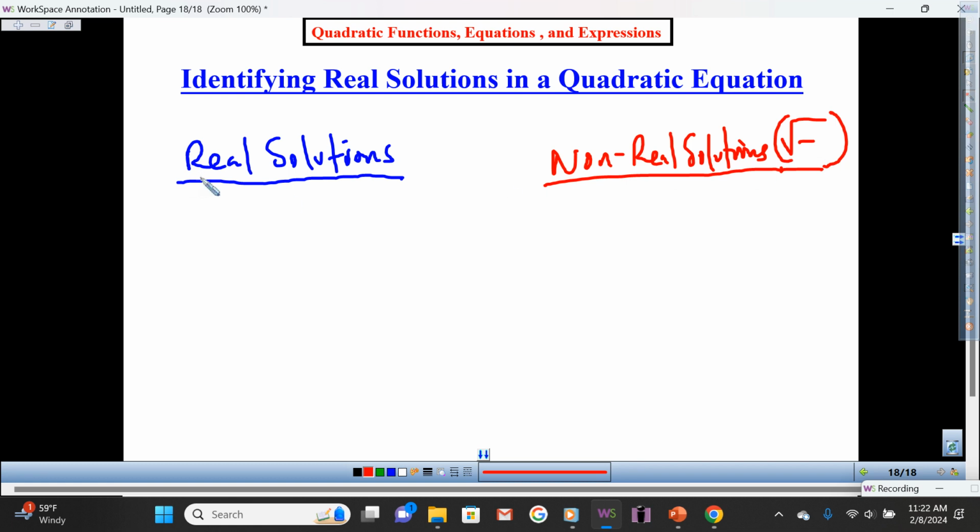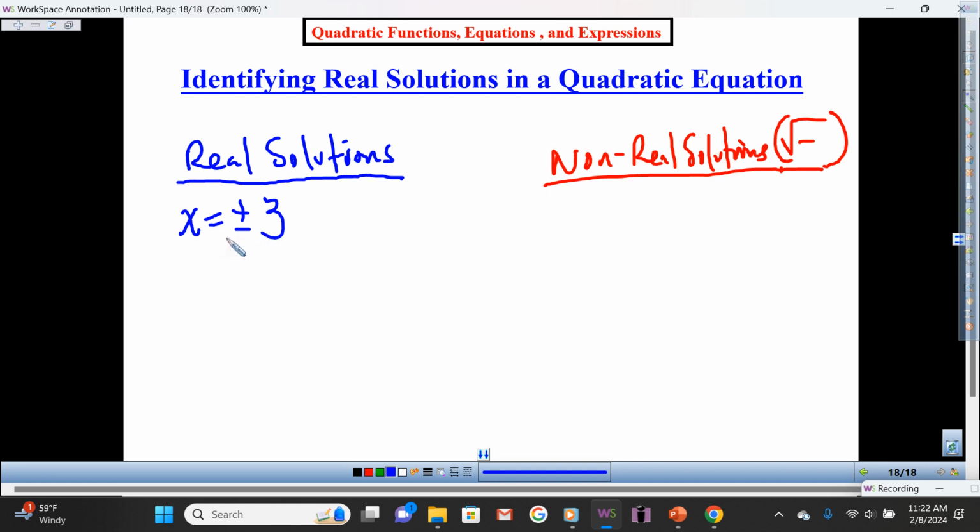Let me start with simple real solutions. When we solve a quadratic equation, at the end the simplest one would be x equals plus minus 3. What are my two solutions here? x equals 3 and x equals negative 3. Are those real numbers? Yes. So when we're solving, if it looks like that, I'm going to ask you, is it real or non-real?